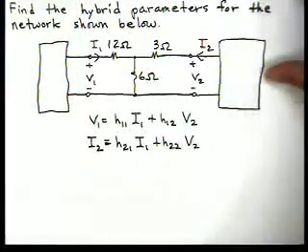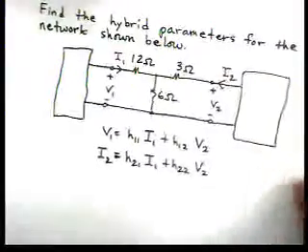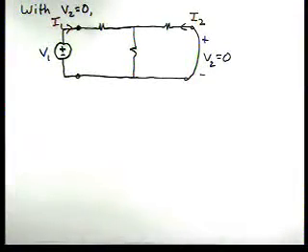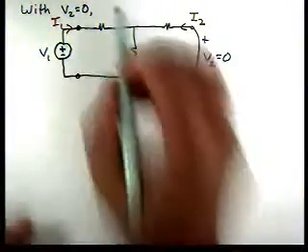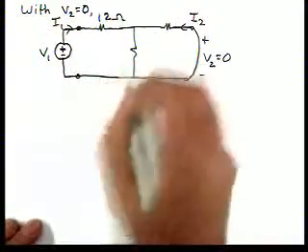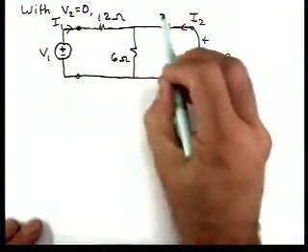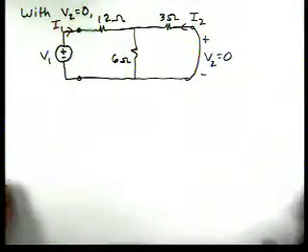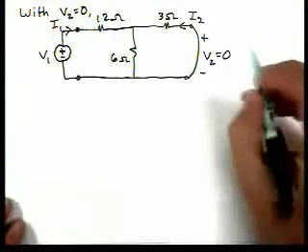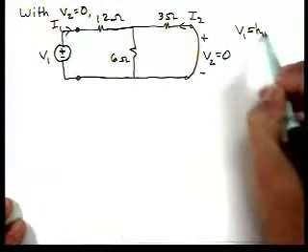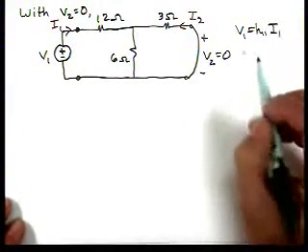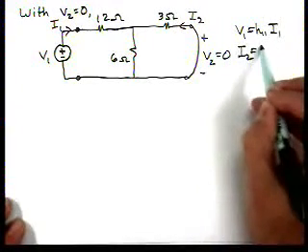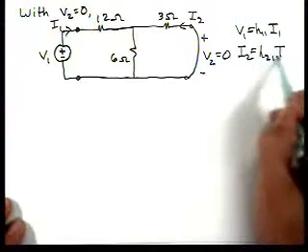So let's start off by setting V2 equal to 0. So here's our circuit, and here's our parameters, 12, 6, and 3. So now we're going to be calculating V1 is H11 times I1, and I2 is H21 times I1.